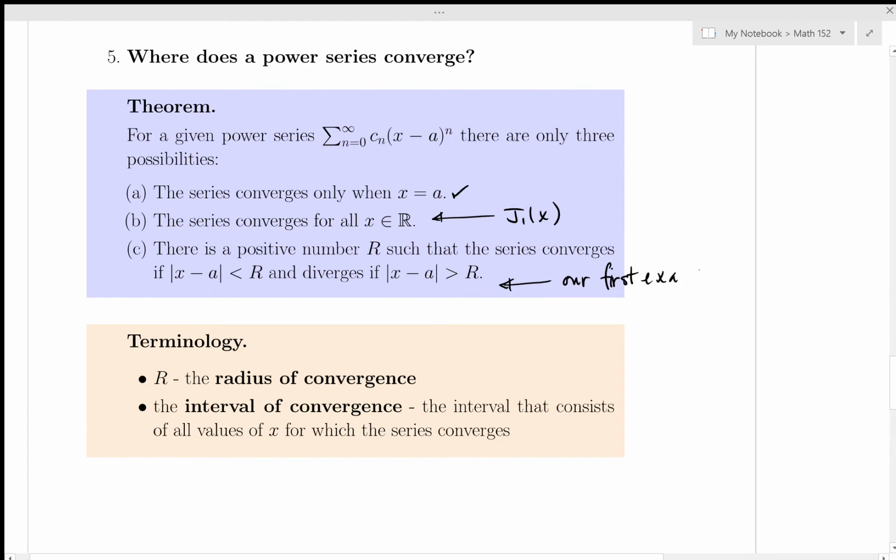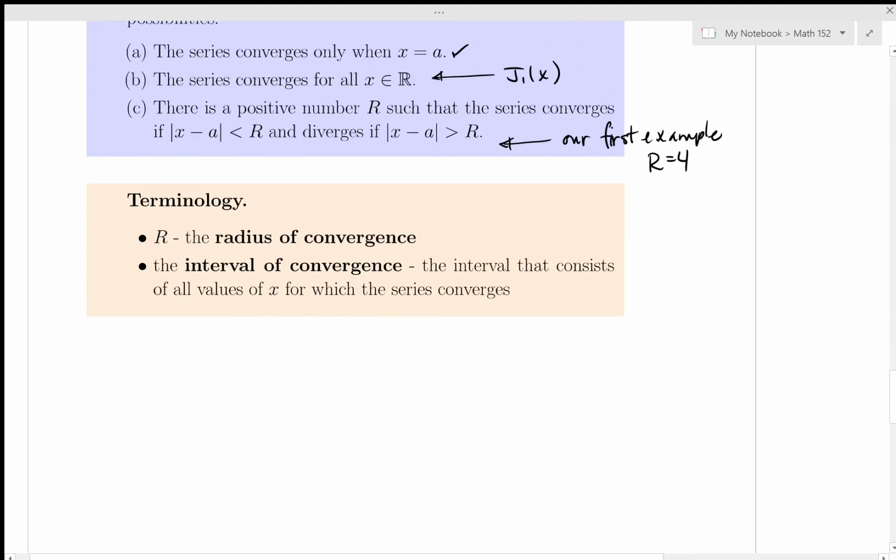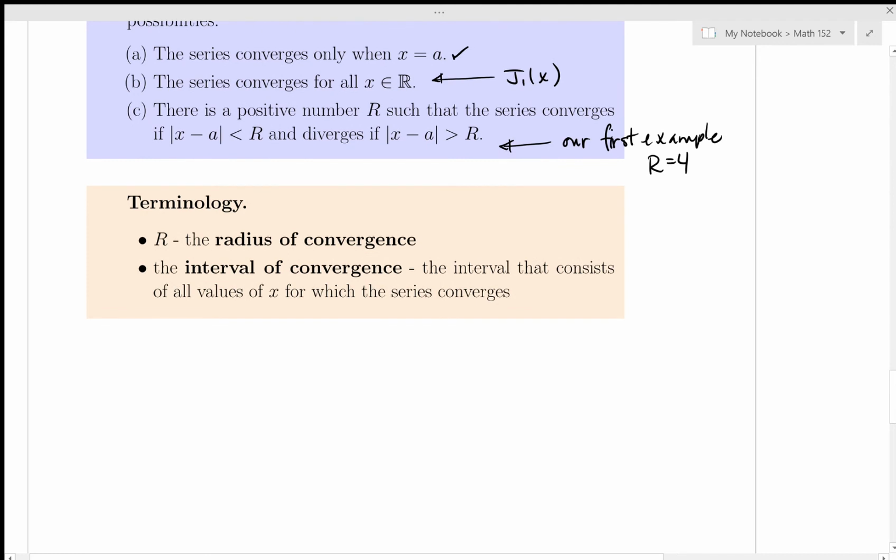In that example, we had R equals 4. The radius of convergence was 4. So we specify 2 different things here: the radius of convergence, which we just talked about, and the interval of convergence, which consists of all the values of x for which the series converges. So in our first example, the radius of convergence was 4, and the interval of convergence was from -2 to 6.